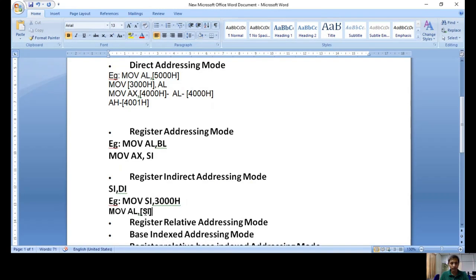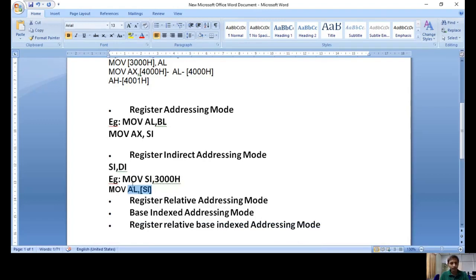I am indicating one bracket, and within the bracket I am writing one register. Because of this instruction, what happens? My AL register takes 8-bit data from the memory location 3000H. Here I am using register SI indirectly. With the help of this register, AL receives data from the 3000H memory location indirectly.